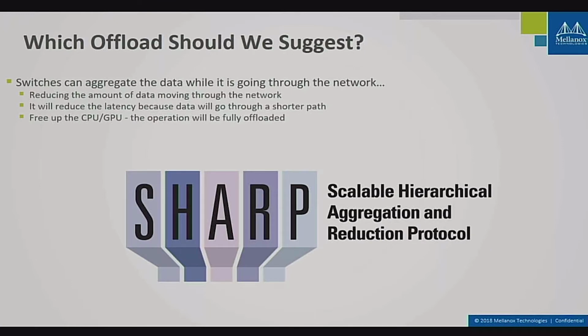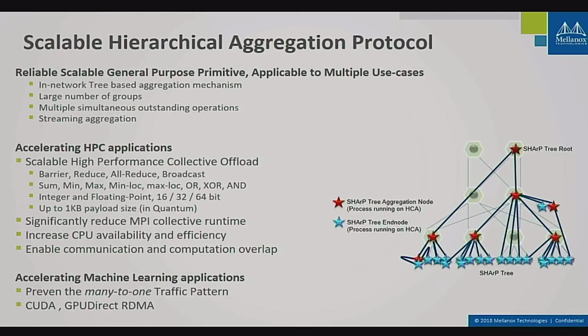But then we came with this new technology saying, okay, so you're sending the data into the switches, right? You have to do that to reach your peer end node in the algorithm. The switch actually sees all the data anyway. Why not just reduce the data within the switch?